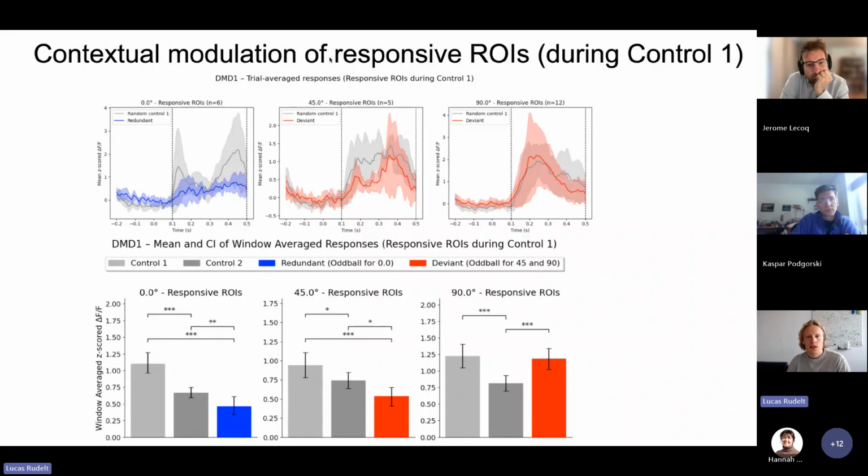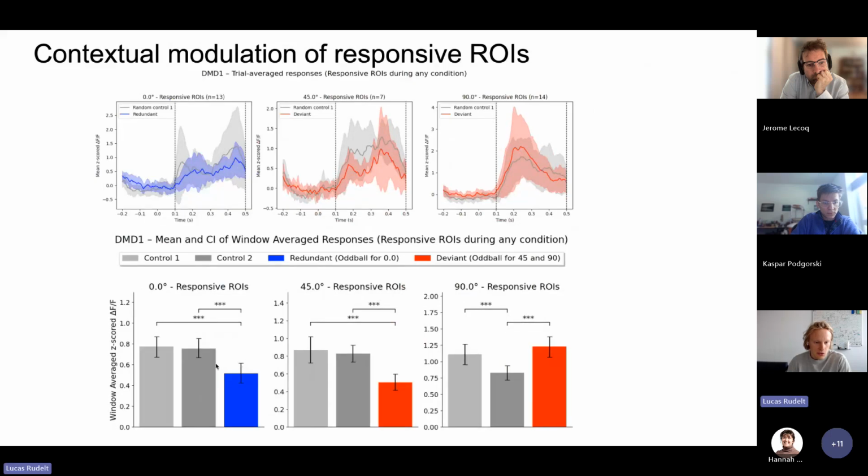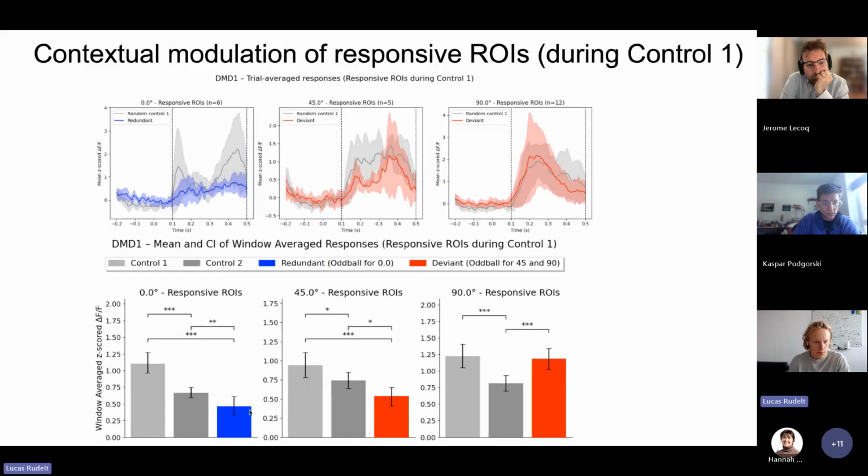If we consider only responsive ROIs that are already responsive during control 1, so already during the first orientation tuning block, there is a response. We see that there's actually much stronger depression for those during the oddball, plus there's also a strong depression compared to the first, so during both control conditions.